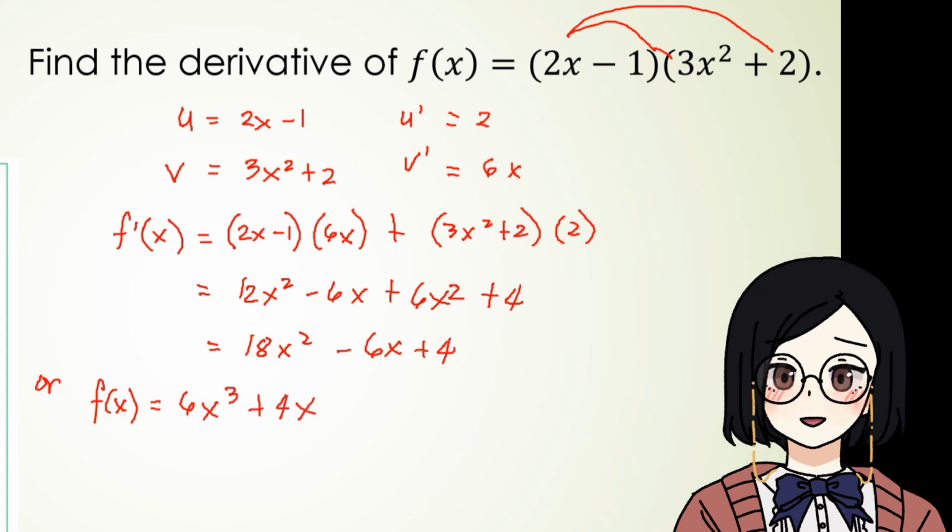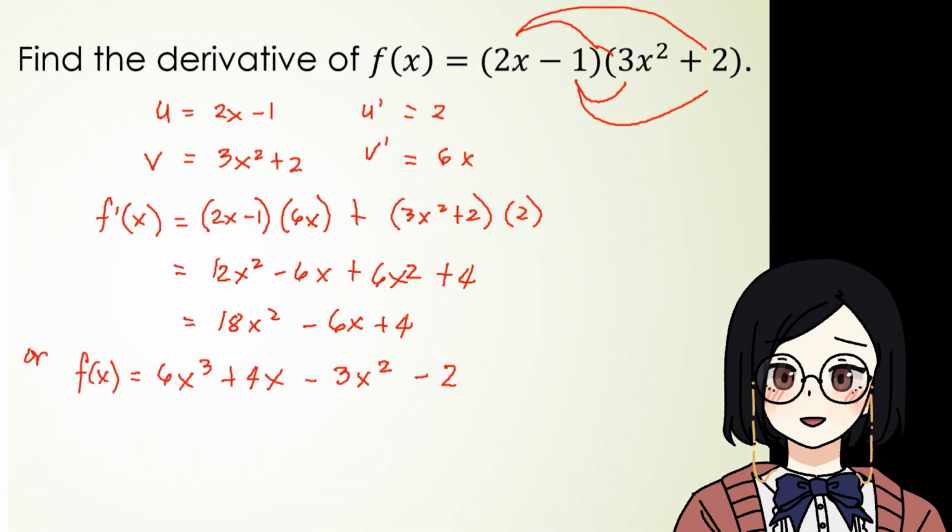And then negative 1 times 3x squared, that is negative 3x squared. And then negative 1 times 2, that is negative 2. So let's arrange the terms in decreasing powers of x. So we will have 6x cubed minus 3x squared plus 4x minus 2.